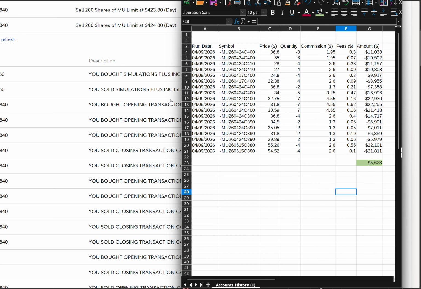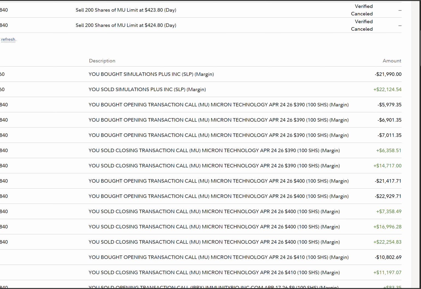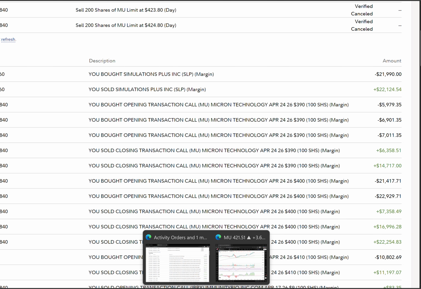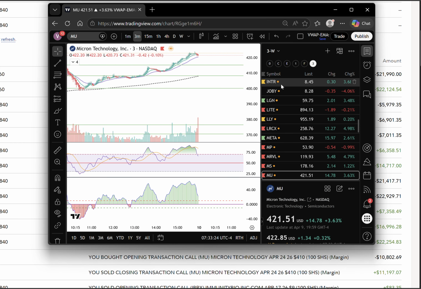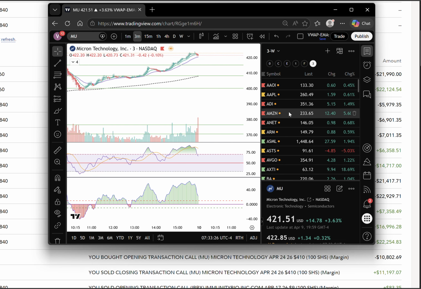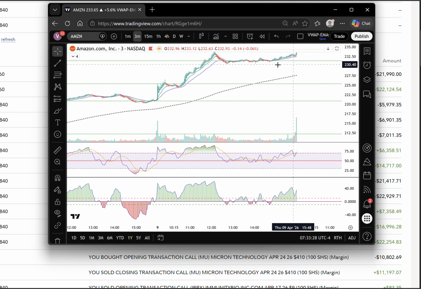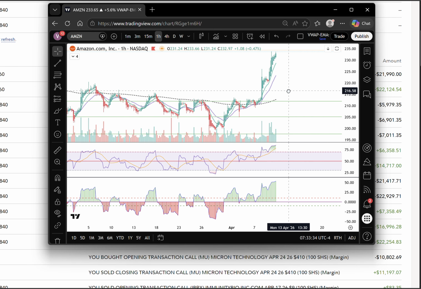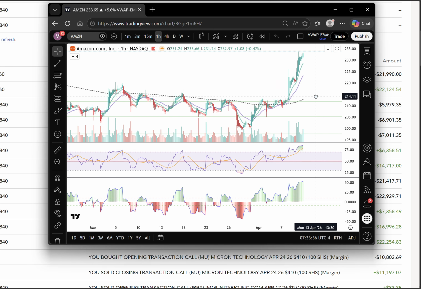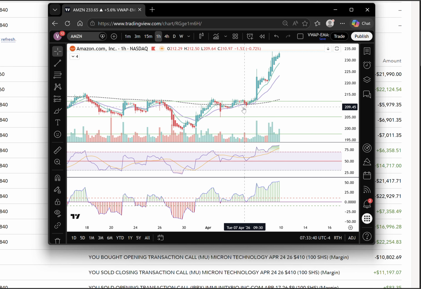Similar situation I had in Amazon. There was a news. So let me share Amazon chart. Go to 1 hour. In fact, this chart was even better, way better than Micron or any other chart in the market, in fact, yesterday. Look at it. 1 hour chart, right?